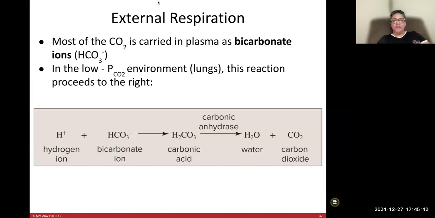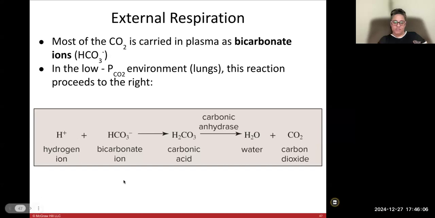So external respiration. We always have these nice chemical equations to go with our processes that happen in our body. Most of the carbon dioxide is carried in plasma as bicarbonate, HCO3 minus. In the low partial pressure environment of the lungs, this reaction will proceed to the right.